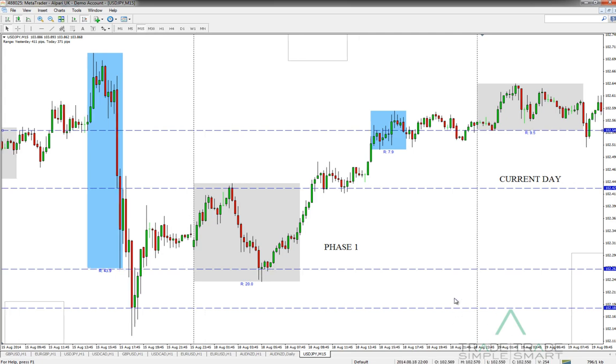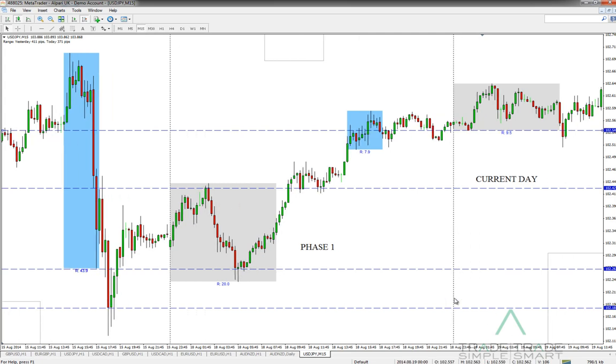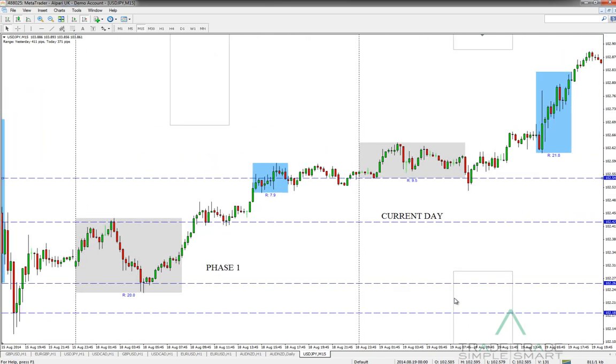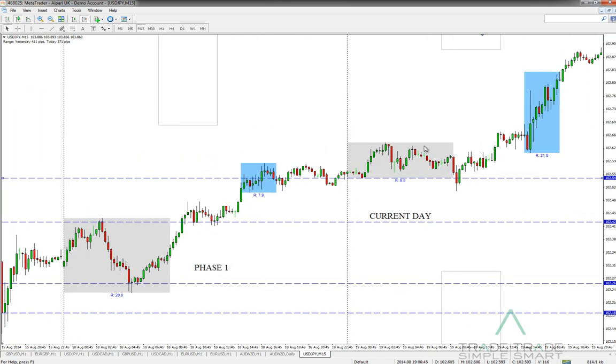So if I move the chart on, we can see that we have broken the low of the Japanese session for the current day's trading, and then the market moves off to the upside.